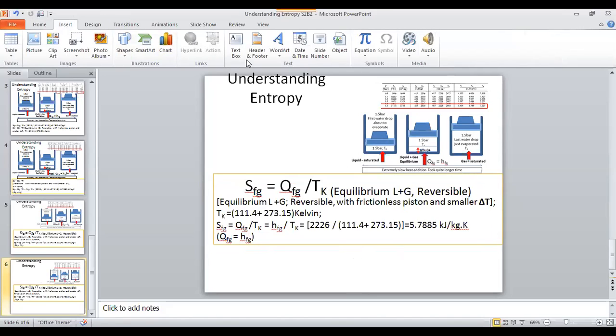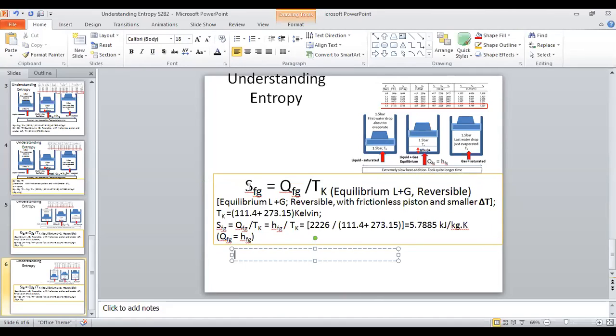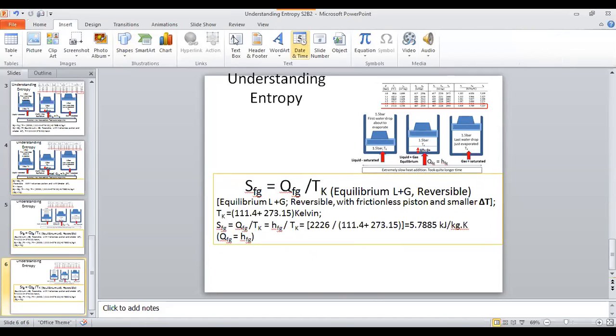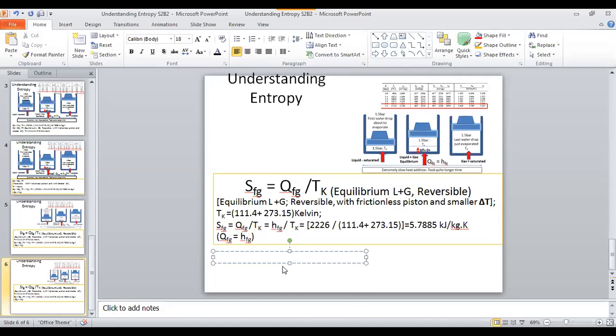I'm going to have a generalized entropy increase.